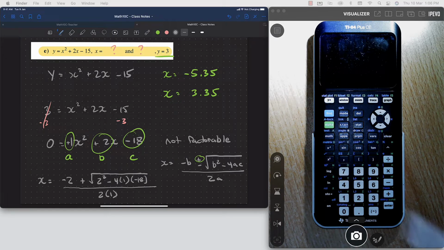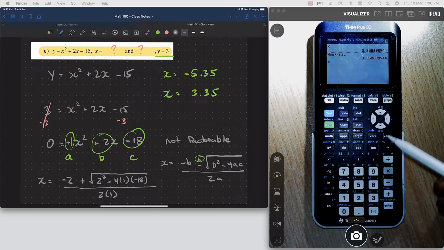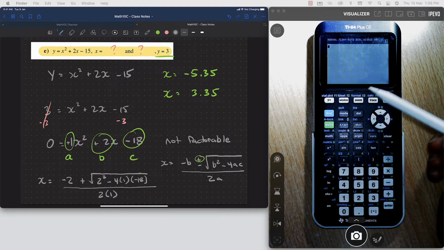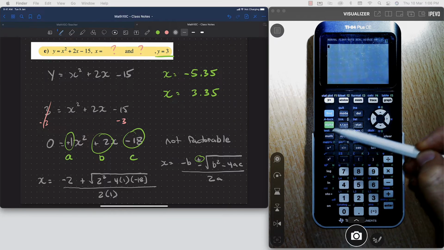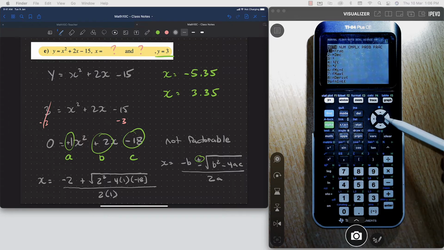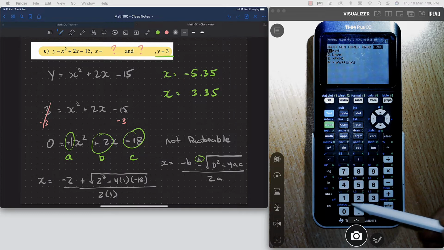Now if I go back to my calculator, I'll turn it on, clear the screen, and we're going to want to set up a fraction in this case, where I'm going to say math, slide over to fraction, and 1 is what I want.